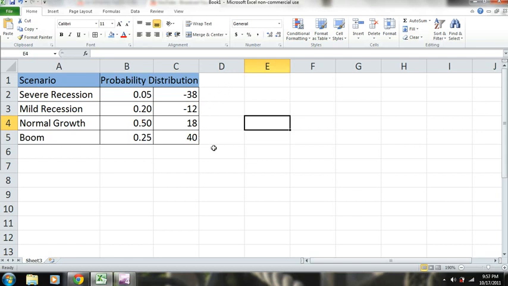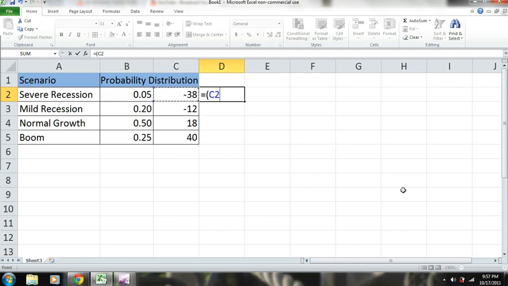Okay, so we have our probability distribution. Now we need to find the expected return of this investment. The way we do that is for each state of the economy, we have to multiply its return by its probability of happening. So we're going to do that. Equals, star, which represents a multiplication symbol in Excel, equals. Now we don't have to keep entering that in each cell.